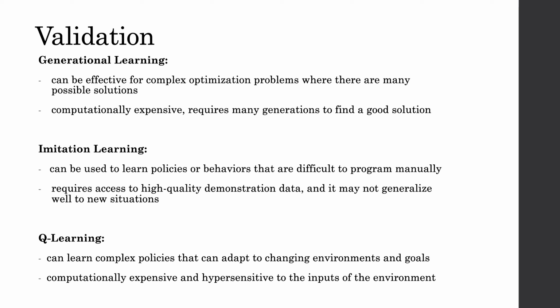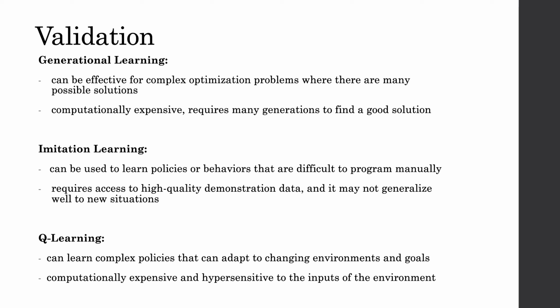Q-learning, on the other hand, is a type of reinforcement learning that involves learning through trial and error. The goal is to learn a policy that maximizes the reward signal over time. Performance-wise, Q-learning can be effective for decision-making problems where there is a reward signal that indicates the desired outcome.